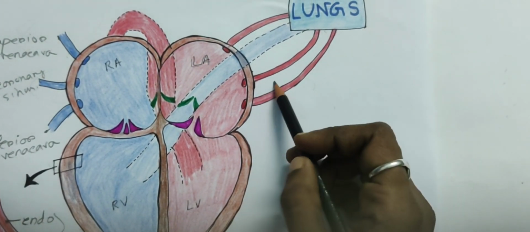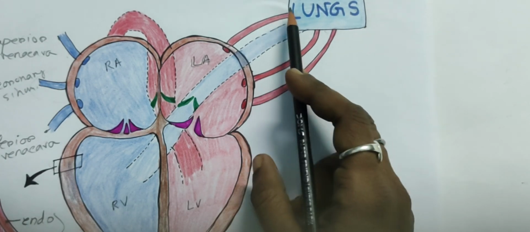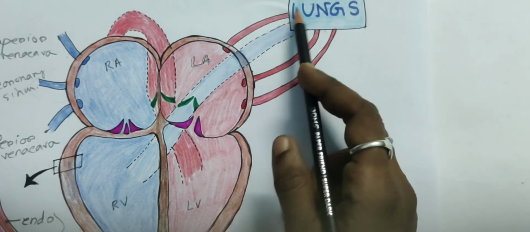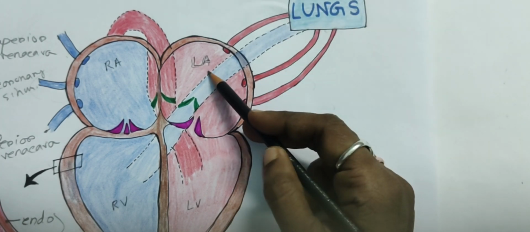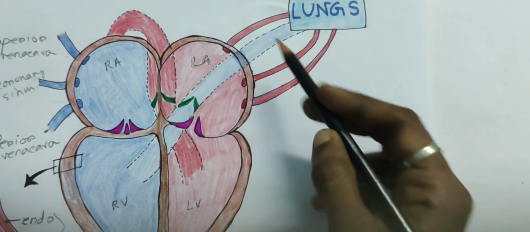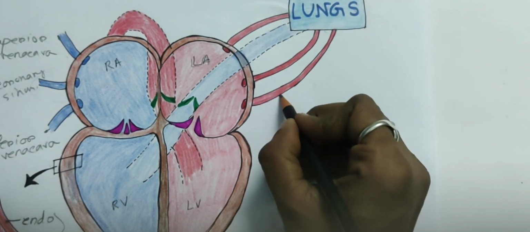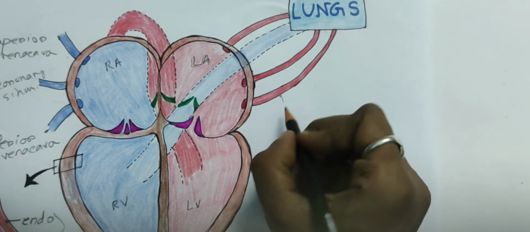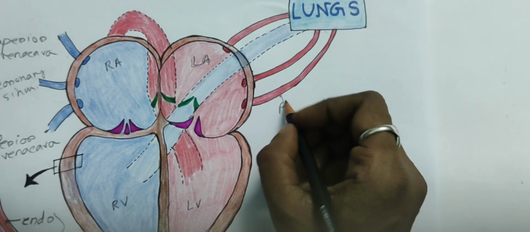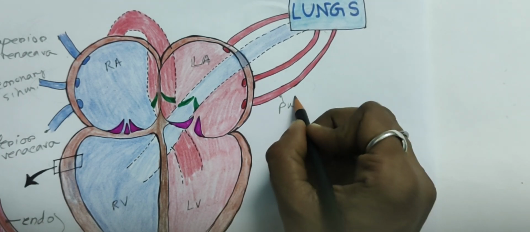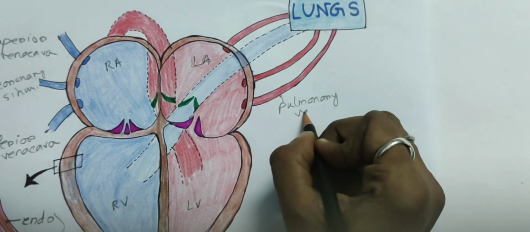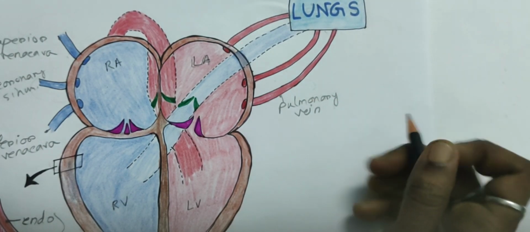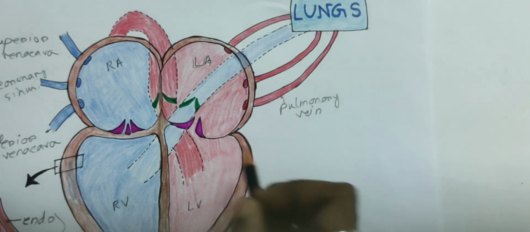Now these are the pipelines that emerge from the lungs. They transport the blood from the lungs to the left auricle. This is called the pulmonary vein. These are the pulmonary veins.